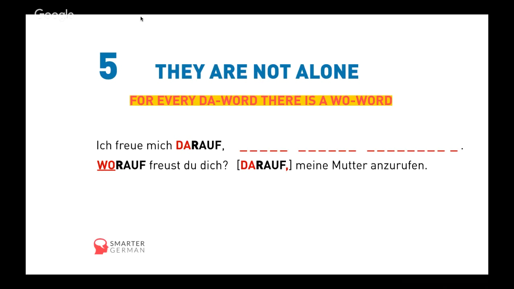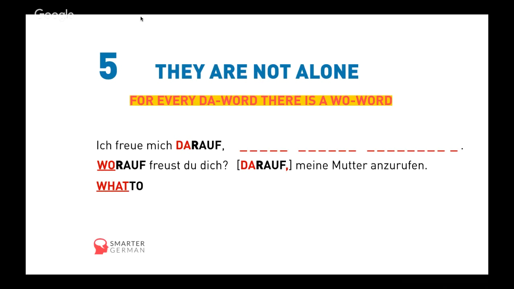Now, I said you don't have to translate these, but if you had to translate, it actually means what to. The wo in worauf has nothing at all to do with the wo that you know, that you use for asking for where are things. Yeah, wo wohnst du? Where do you live? This is a completely different wo.